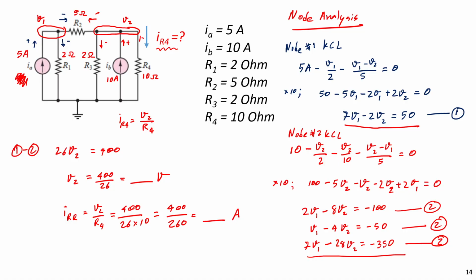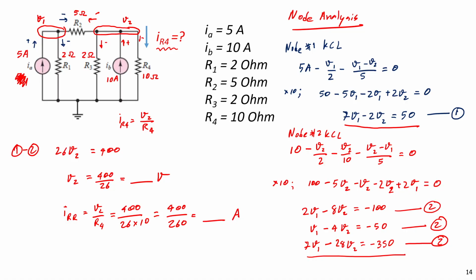So the steps are quite systematic, quite standard. First, you try to solve for the voltage. After you get the voltage, you can get all the currents in any branch.